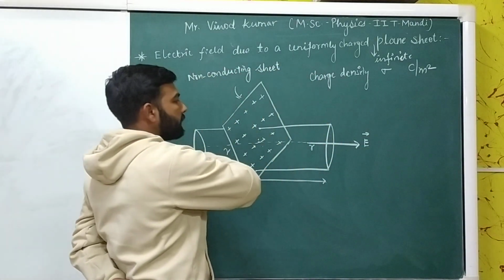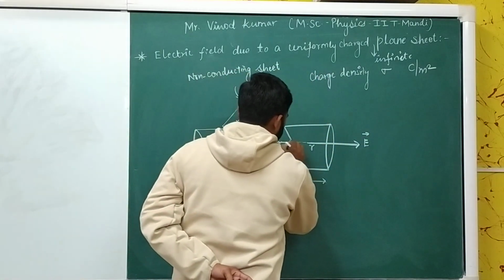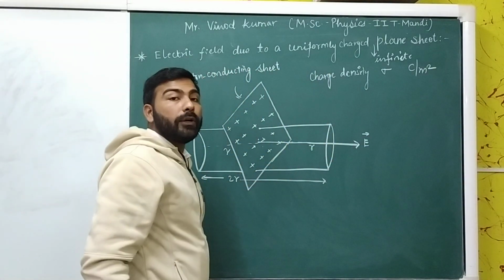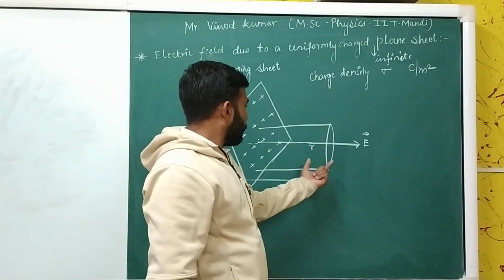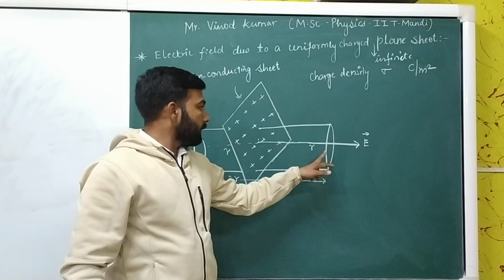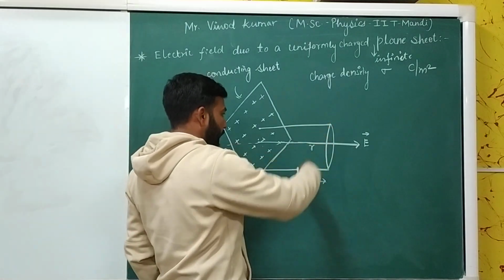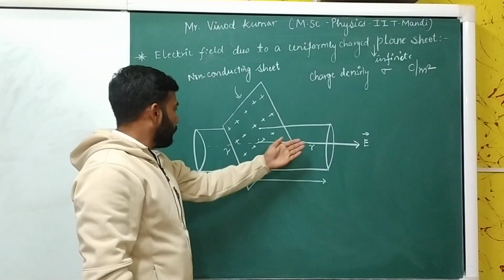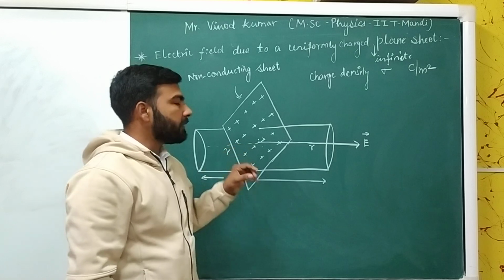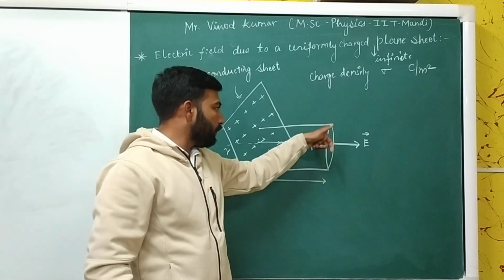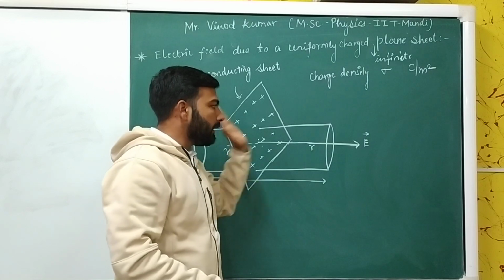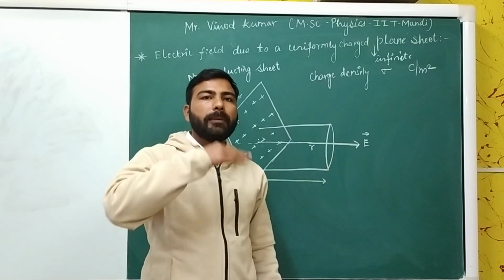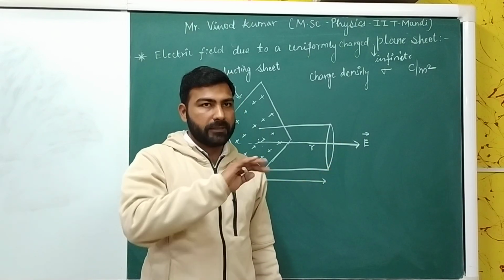This will be the direction of the electric field, and then the direction of the area vector. The cylindrical surface has three areas: two circular areas, the left one and the right one, and one curved area.